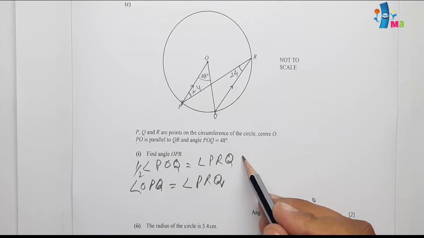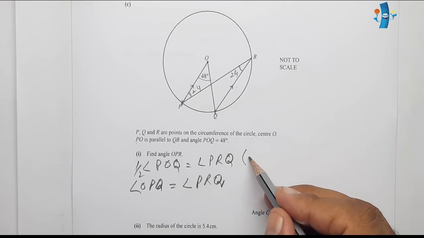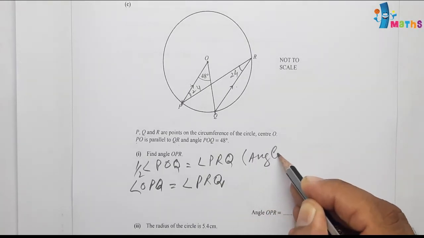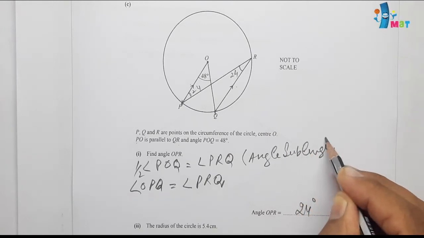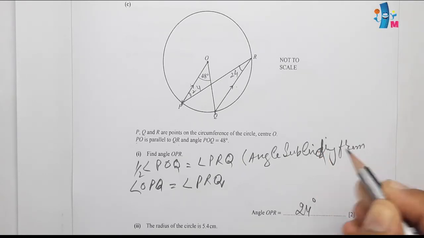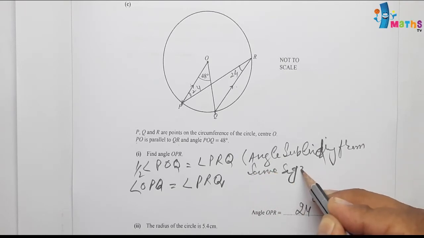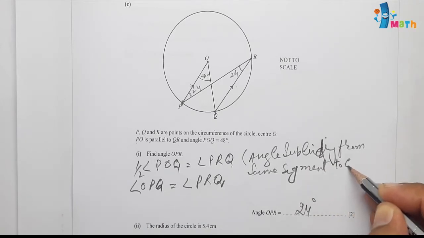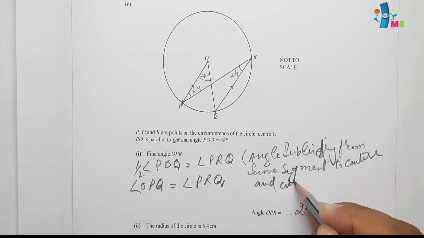So the reason for this one, you can write angles on the same segment, angle subtending from same segment to center and circumference.